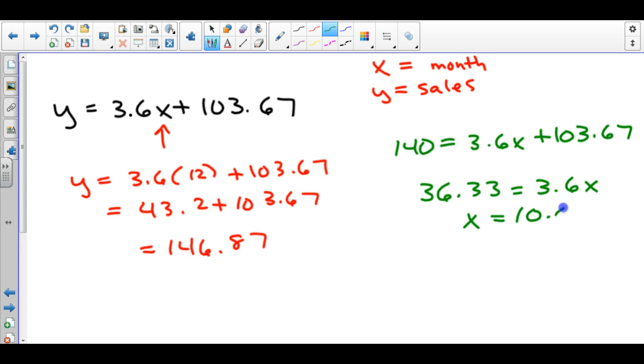Even if you rewind this video 3 minutes, you would see exactly where we did the intersection feature. You would get 10.09, which in context of our problem means the 10th month of data, they would have approximately 140 sales.